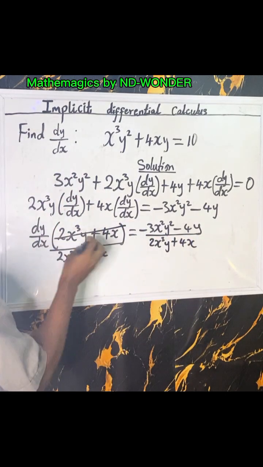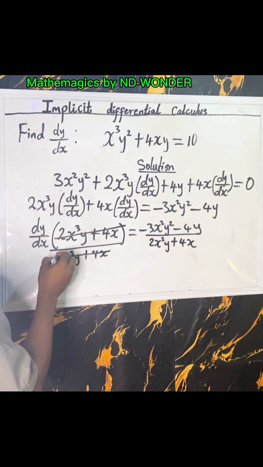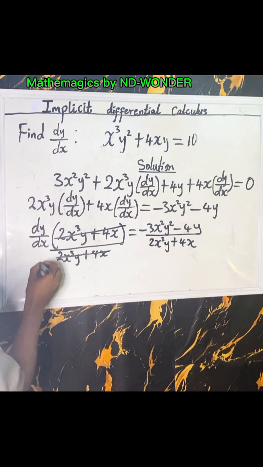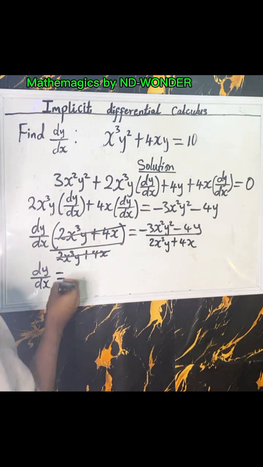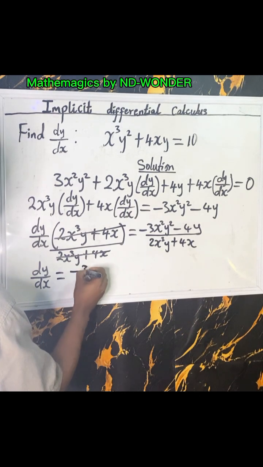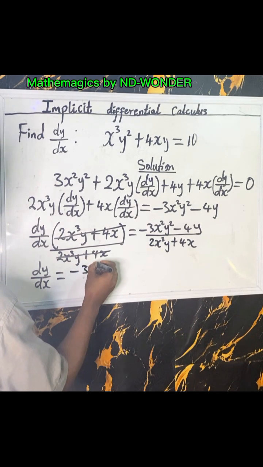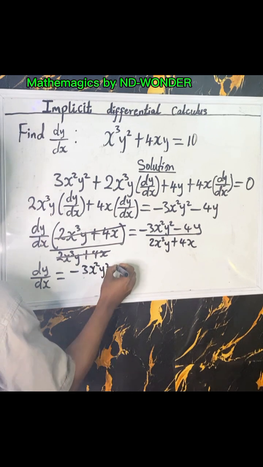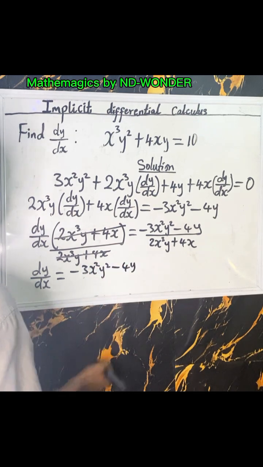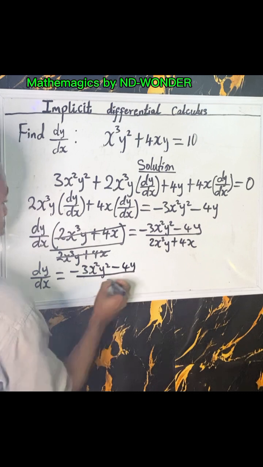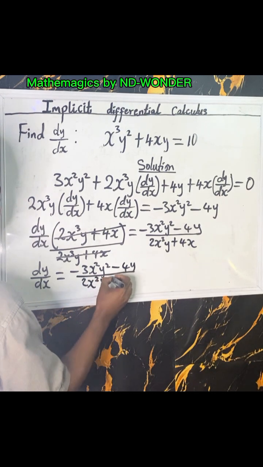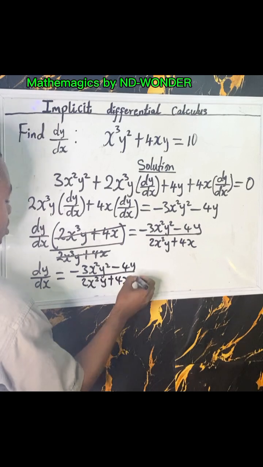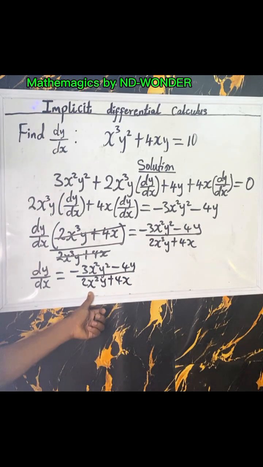This cancels this. Then what do we have? Our dy over dx will be equal to minus 3x squared y squared minus 4y, then over 2x cubed y plus 4x. This becomes our final answer.